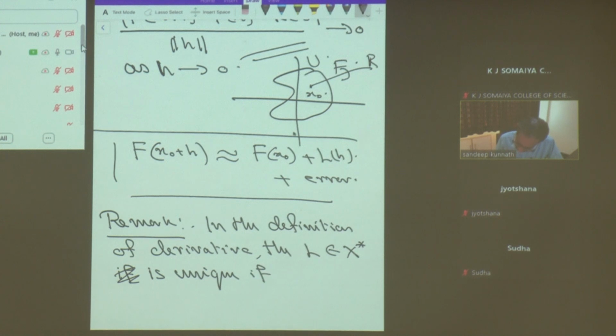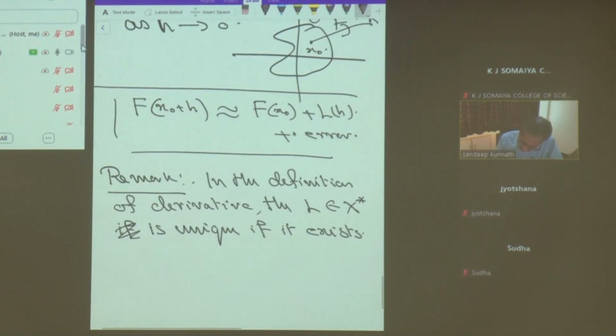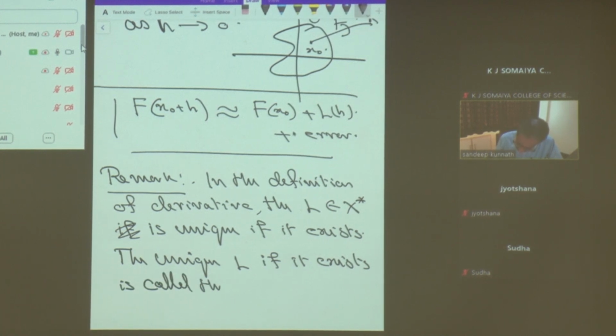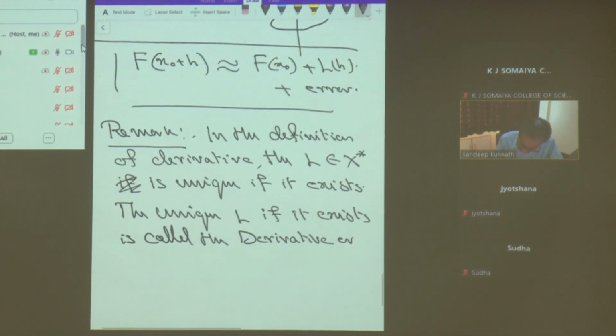So the unique L, if it exists, is called the derivative or Frechet derivative of capital F at x naught.